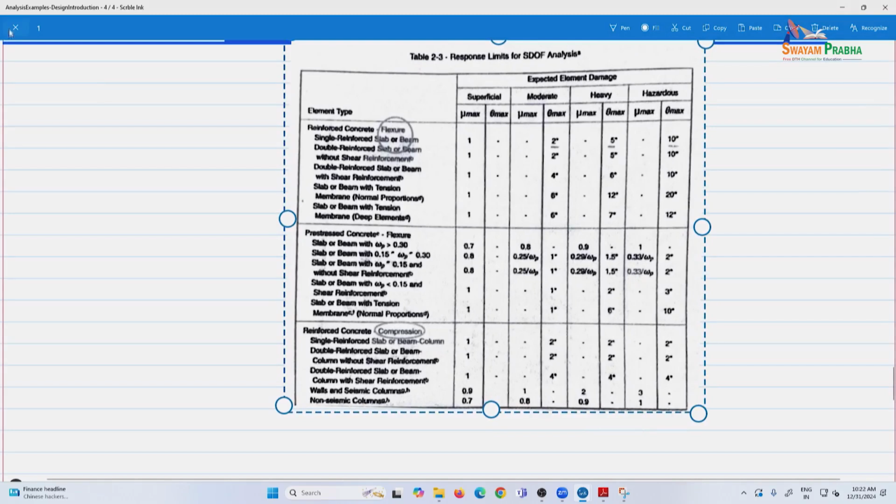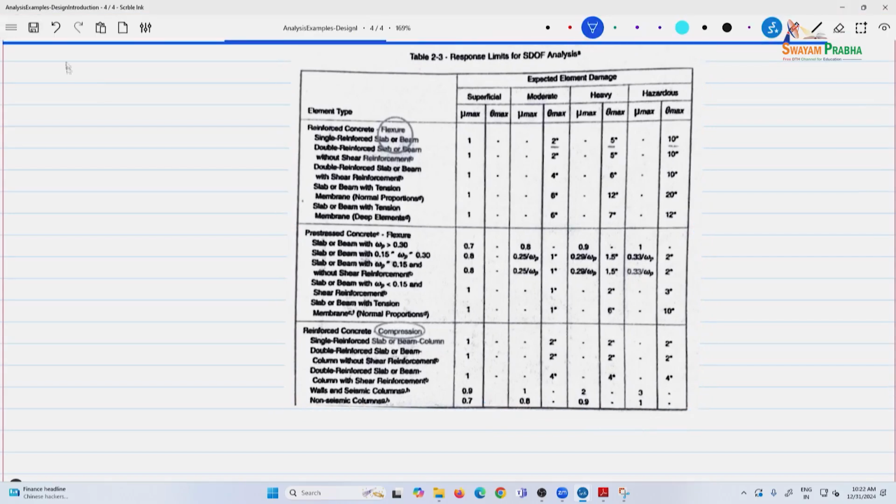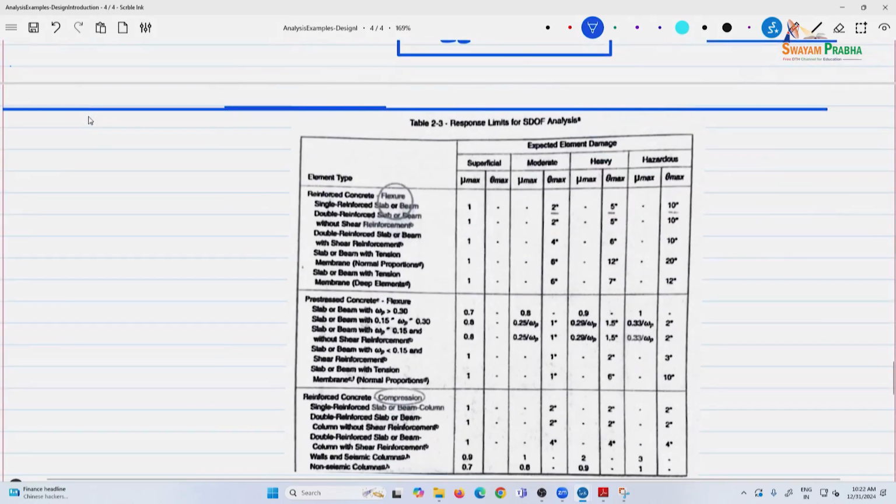This is for concrete. Here you have the LOPs. Superficial is high LOP and this is very low level of protection. So, this is your medium low LOP and medium level of LOP.